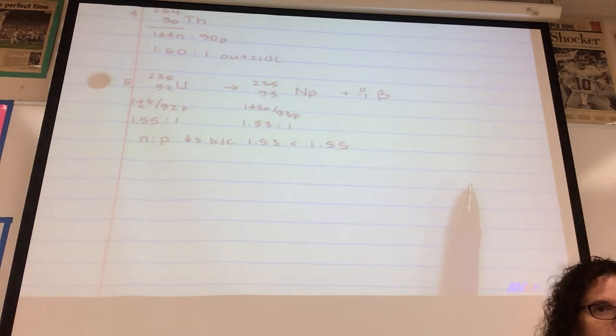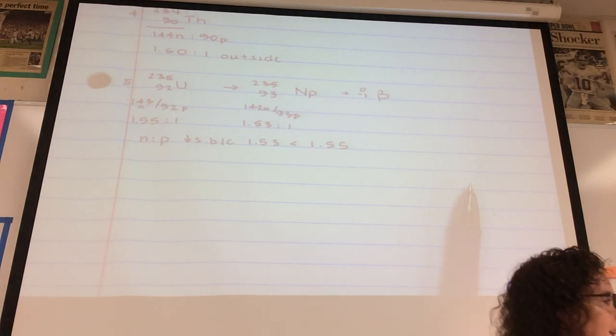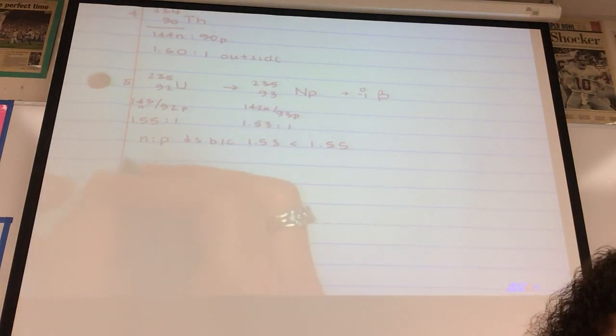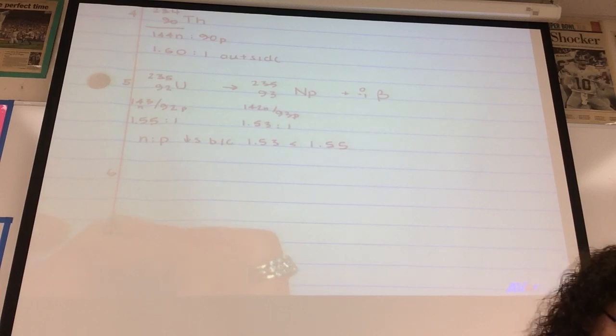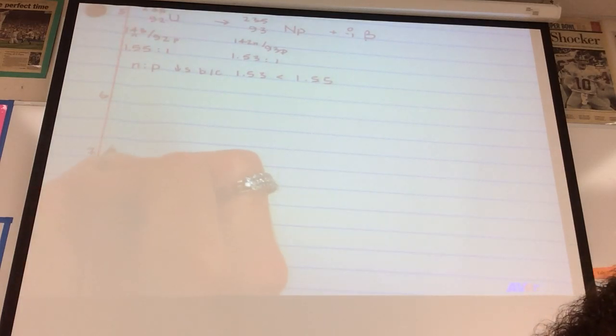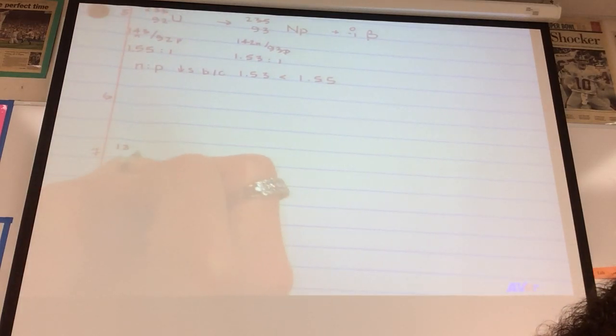All right, I want to look at 7, just in terms of writing the equation. I'll do all of these out for you so you have it. But let's look at 7. On 7, it says nitrogen-13 captures an electron.